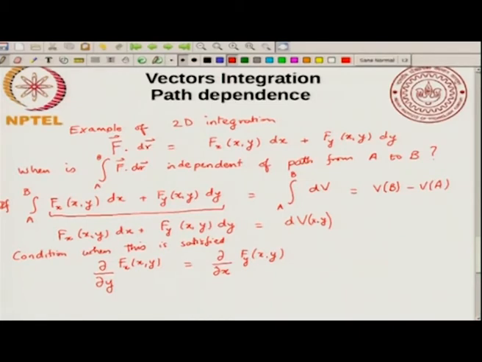These are partial derivatives. So if you have this condition, then this integral is independent of path and your work becomes independent of path. Now this is a useful condition. You can always check whether the work that you calculated is path independent or not this way.